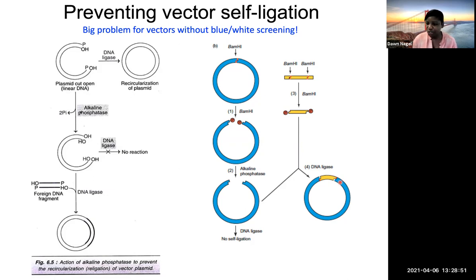So if you get a question in the exam, how can you prevent the plasmid you're trying to clone from coming back together, you would think immediately, I'll just add alkaline phosphatase, because that will remove the 5' phosphate groups from the vector, so you'll reduce that from happening.